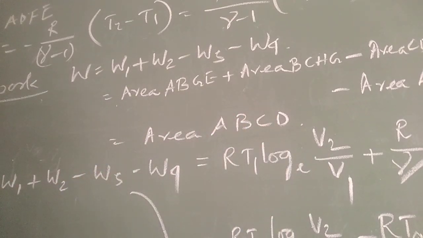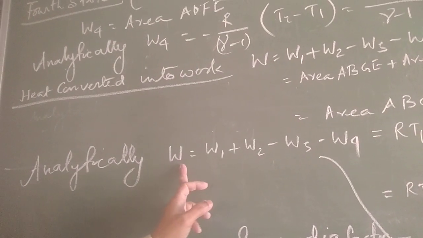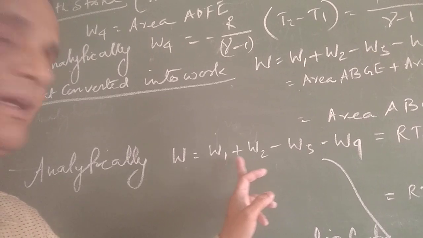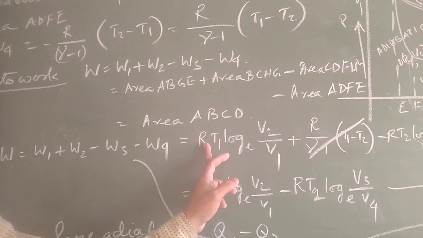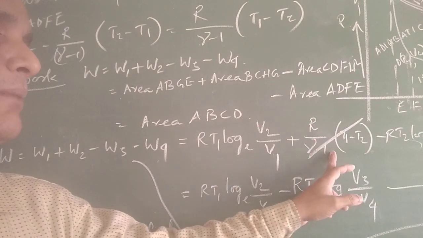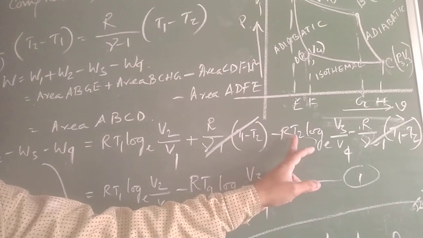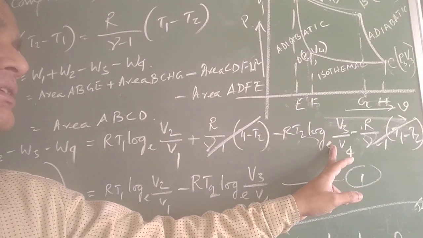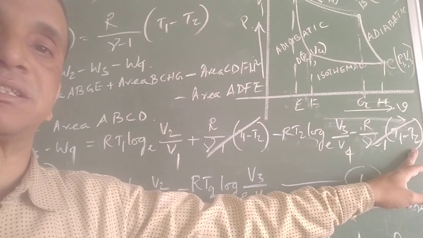Now when you go for the analytical treatment, you will see that analytically W is equal to W1 plus W2 minus W3 minus W4. So it will be RT1 log e V2 by V1, plus R by gamma minus 1, T1 minus T2, and after that minus RT2 log e V3 by V4, minus R by gamma minus 1, T1 minus T2.